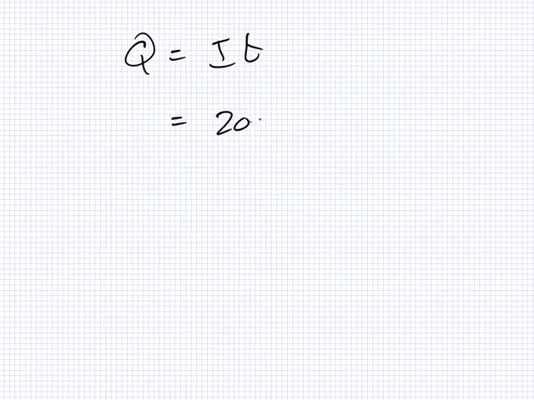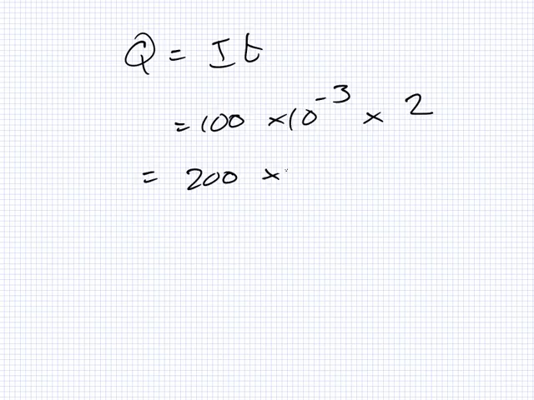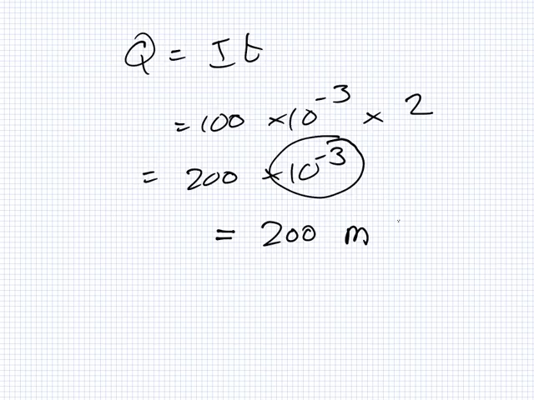I is 100 milliamps, and the time was 2 seconds. So this is 200 times 10 to the minus 3. So if you said 2, it's wrong. So the answer is 200 millicoulombs, or 0.2 coulombs, correct.